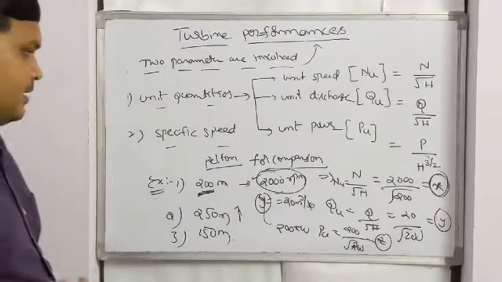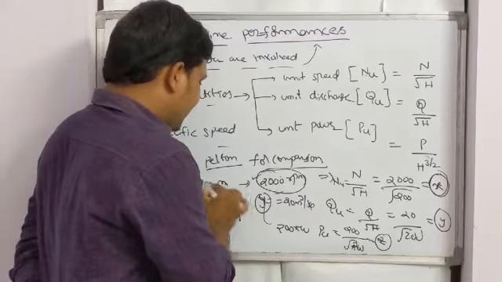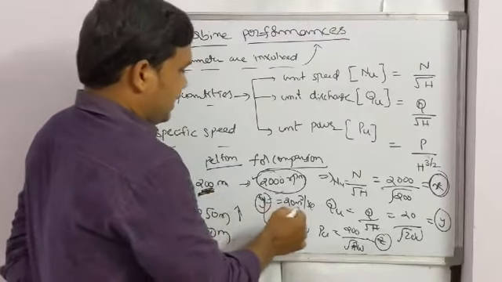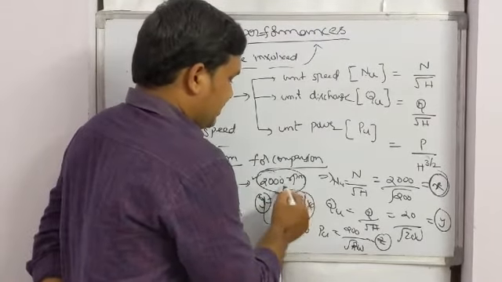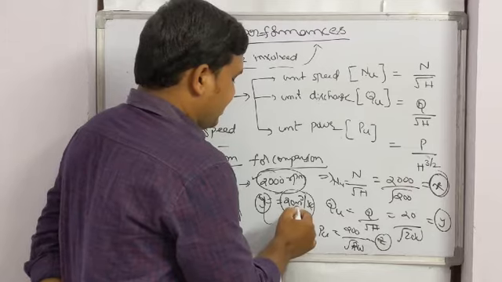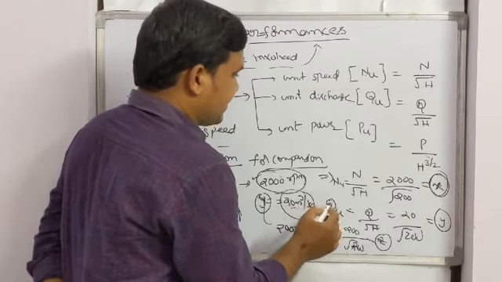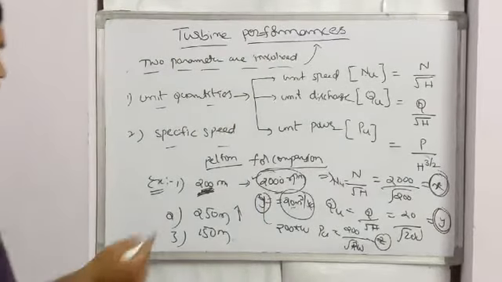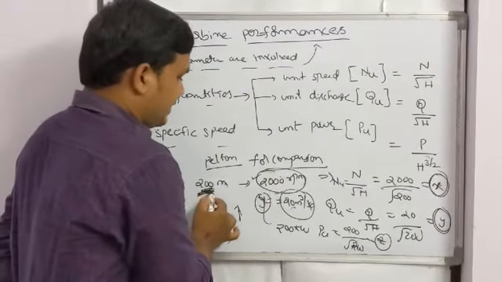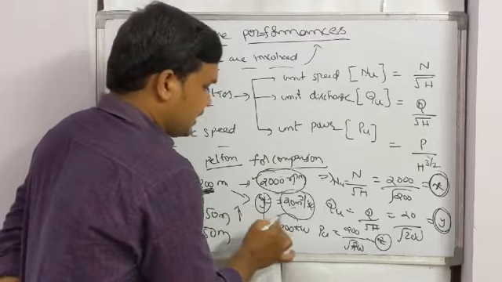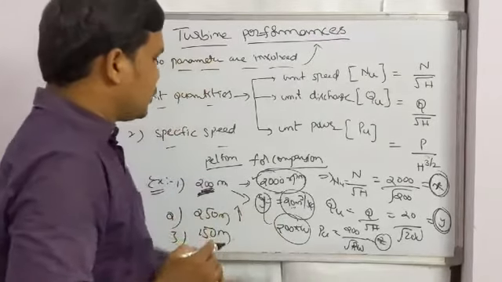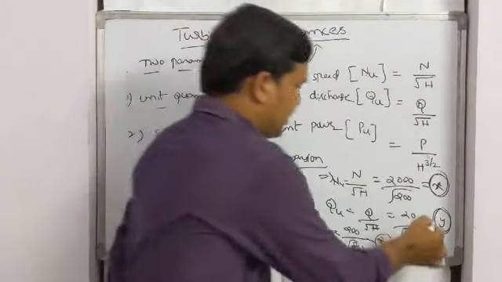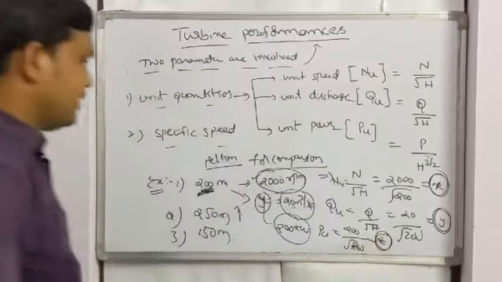The available discharge is 20 meter cube per second, so we get Y amount of unit discharge. At 200 meter head it produces 200 kilowatt power, so Z amount of unit power.